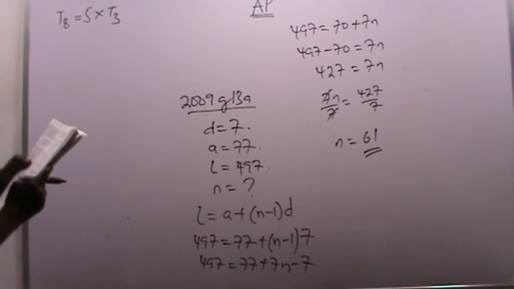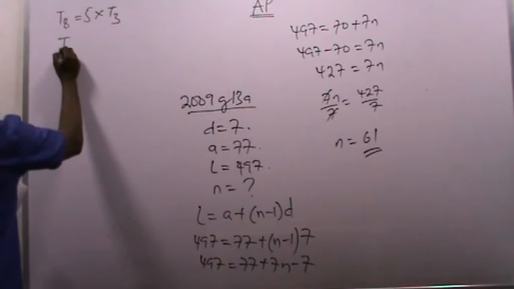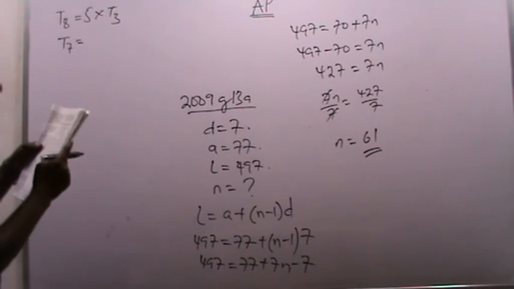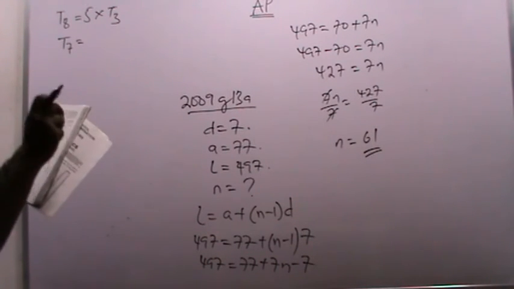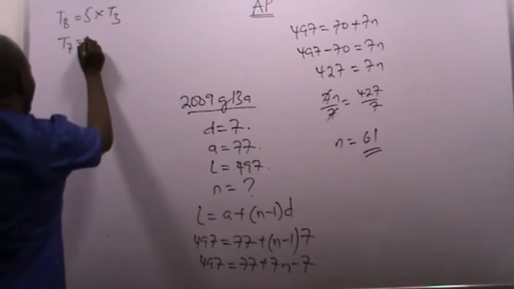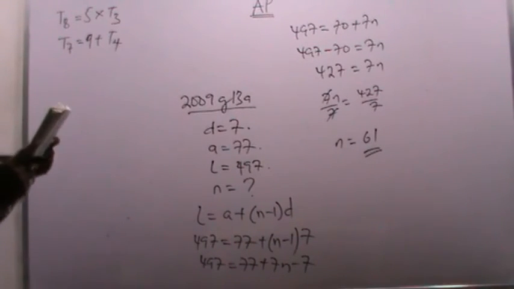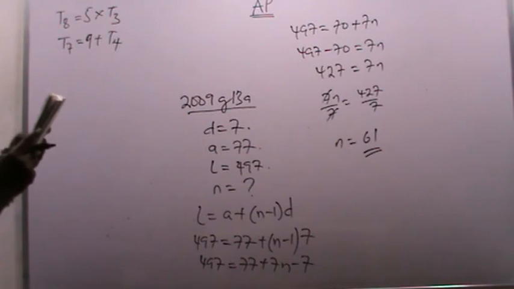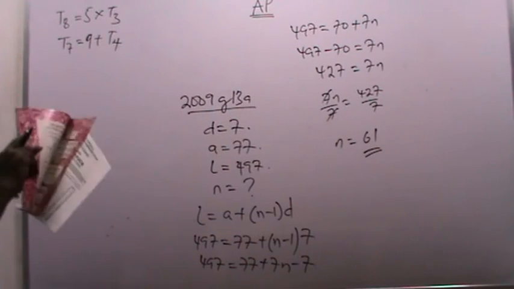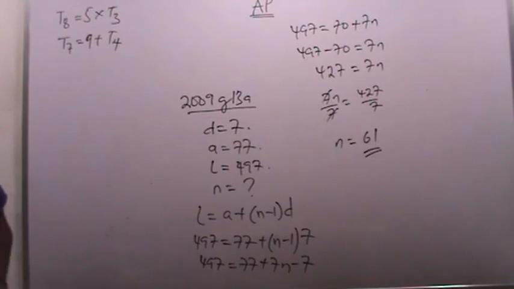While the 7th term, T7, is 9 greater than the 4th term, 9 plus the fourth term. They now say, write the first 5 terms of the AP.